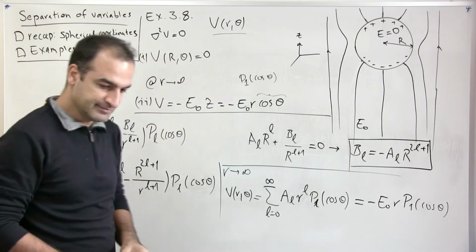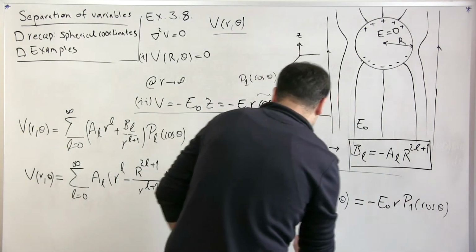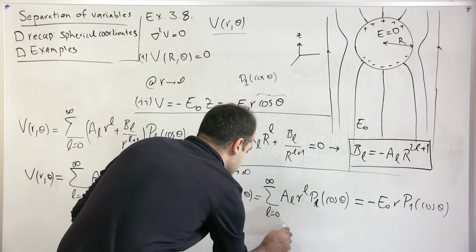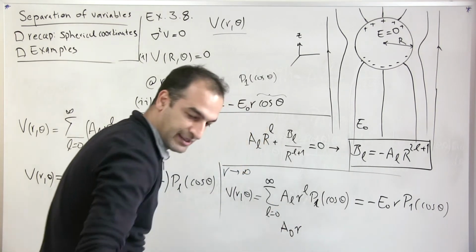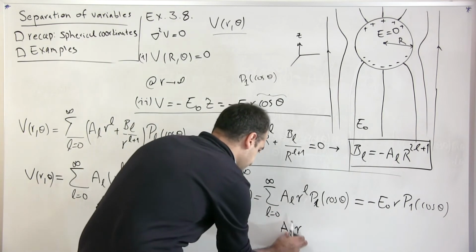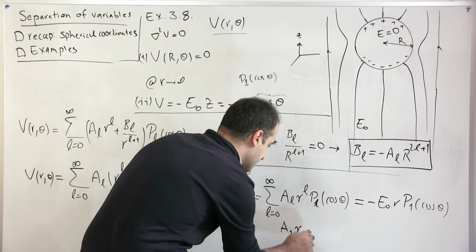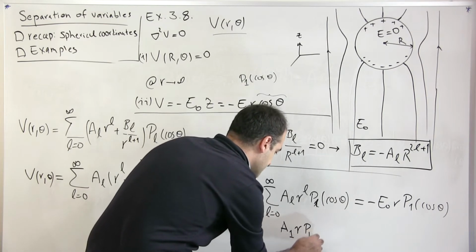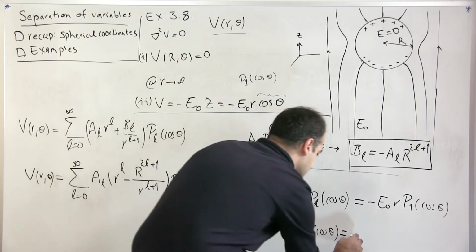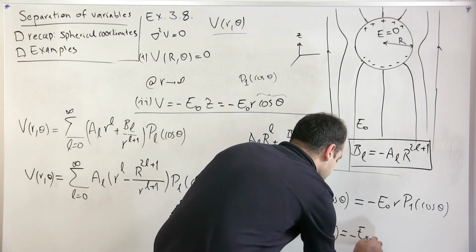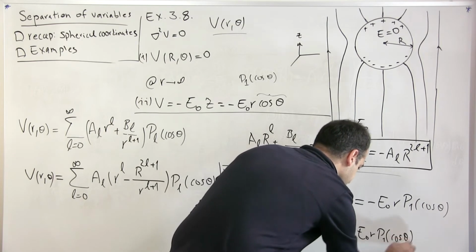Okay? That means in order to meet the boundary condition at infinity, A1 R times P1 cos theta should be equal to negative E0 R P1 cos theta.